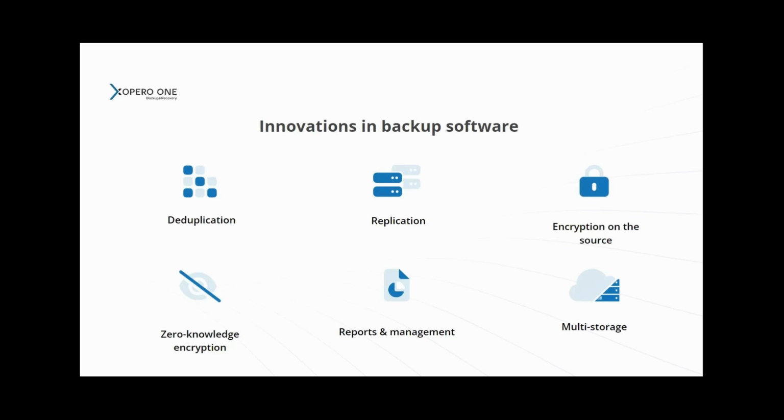The technology means that data is cut into individual blocks of individual sizes, and those particular blocks are then compared to each other. In the case of Xopero software, deduplication is done on the source, so the agent, the app that does the backup, deduplicates the data before it sends it to the storage. This way, not only do our customers save storage space, but they also save their bandwidth as they send less data to the storage.